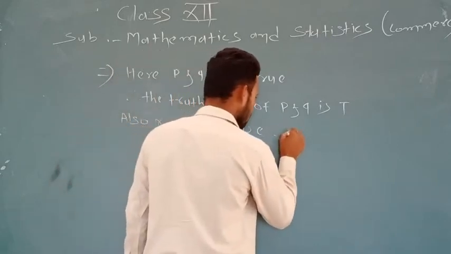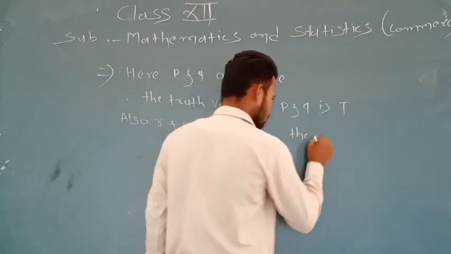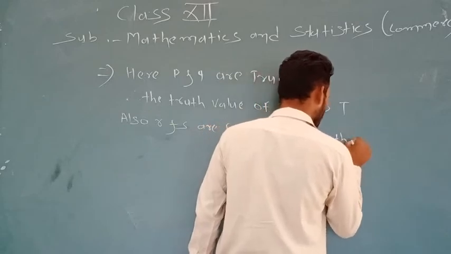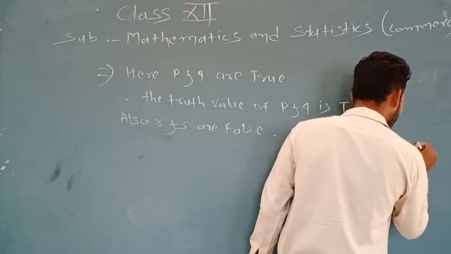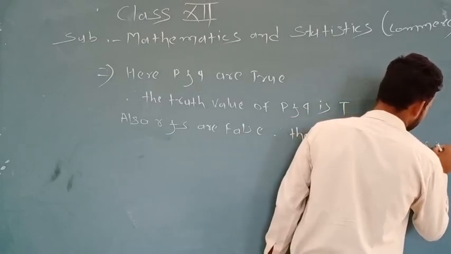Therefore the truth value of R and S is F.